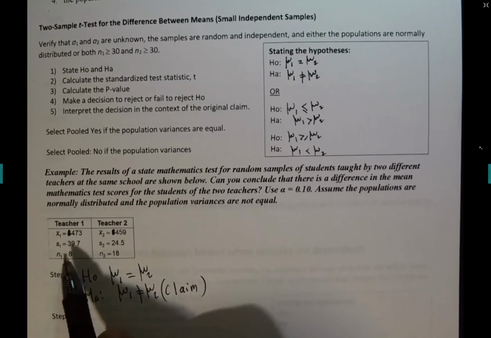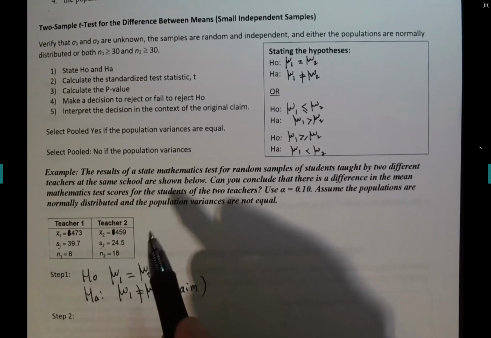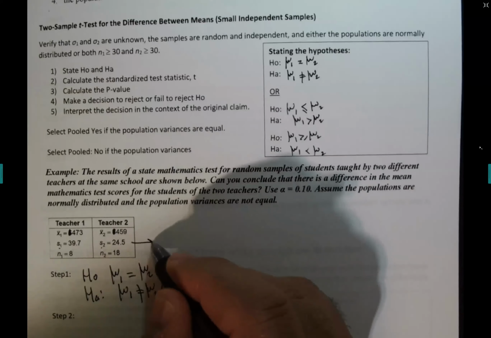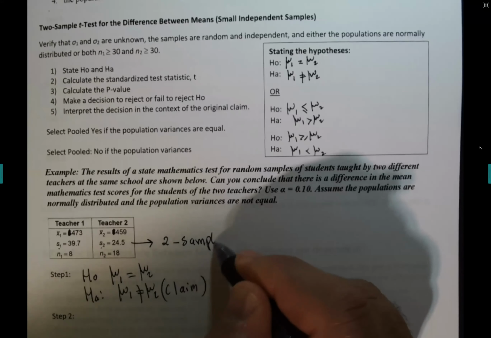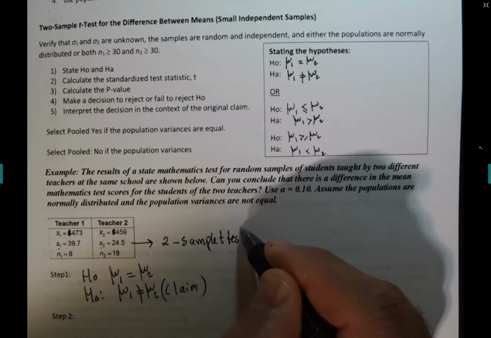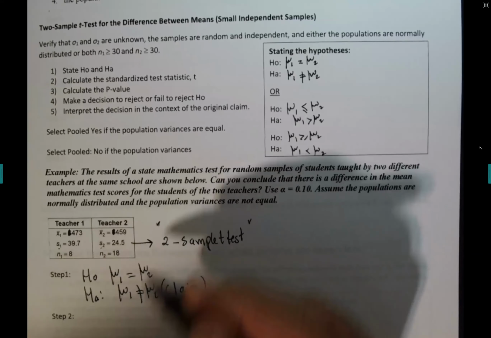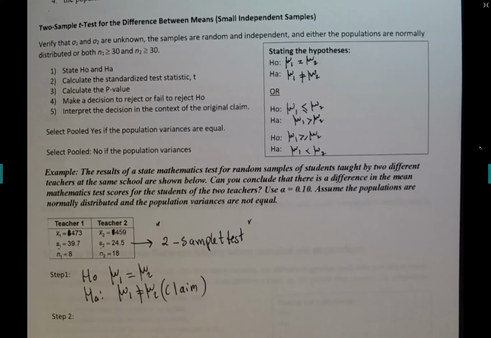You see here, he gives you S1 and S2. Once he gives you S instead of sigma, guys, you know that this is a 2-sample t-test. Don't try to run the 2-sample z-test, it's going to prompt you for sigma 1 and sigma 2, and you don't have it, guys. So how are you going to do that? You can't. So it has to be the 2-sample t-test.